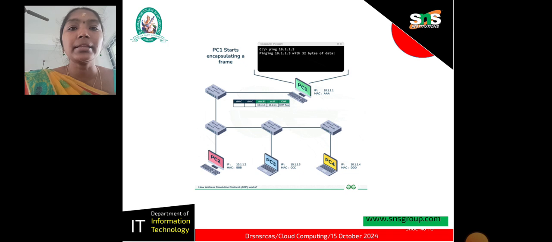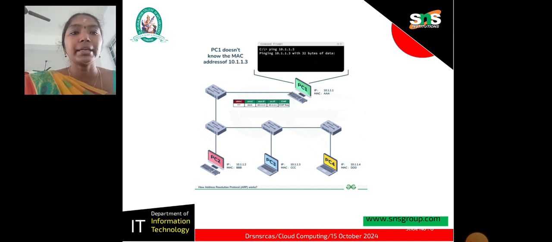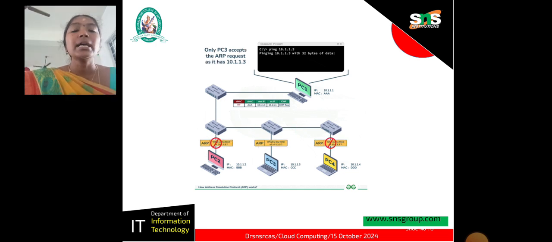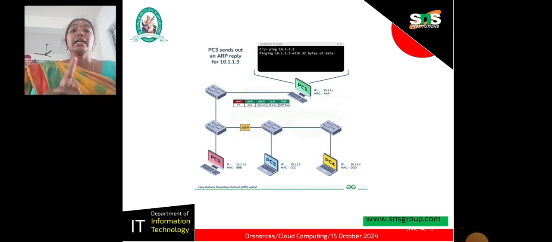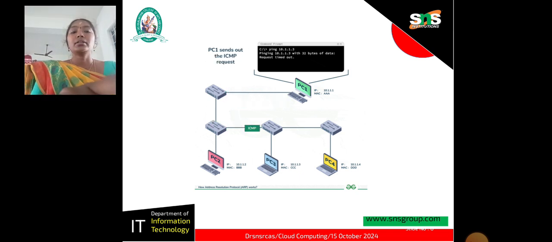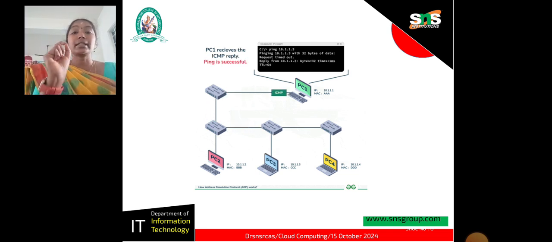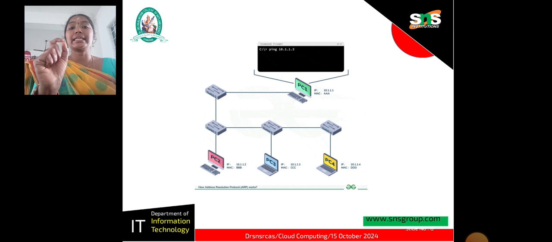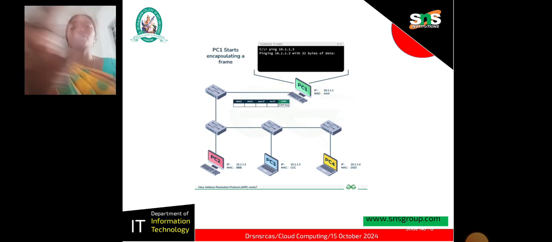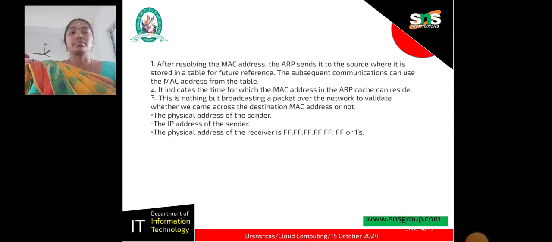Again, I am explaining: PC1 starts by encapsulating a frame. ARP sends it to three routers, but two routers reject it and one is selected, PC3. The host PC3 has the matching encapsulation, so it is delivered to the correct destination.